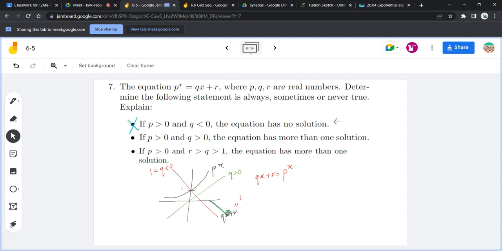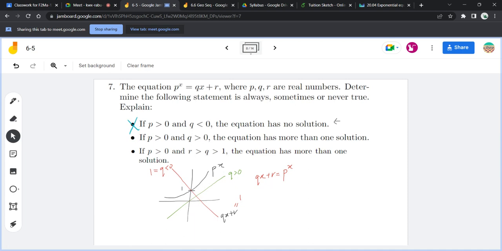Okay, so for every p, the curve is always in this type of form. But if q is less than 0, this line will always be pointing towards the left side.